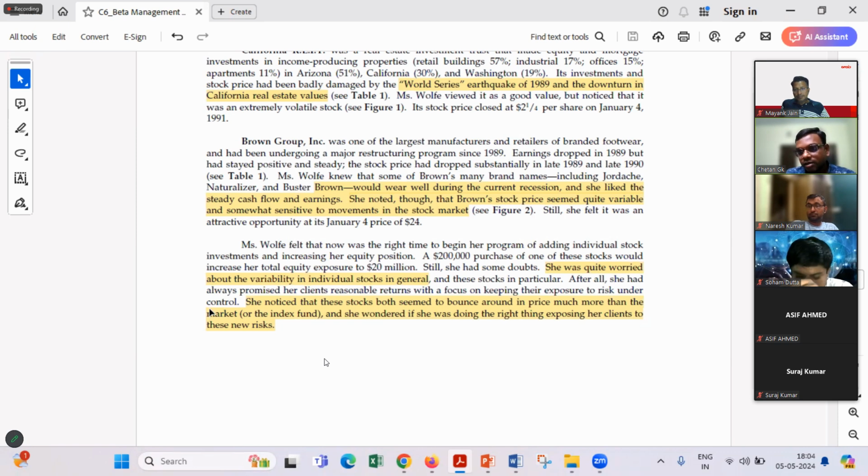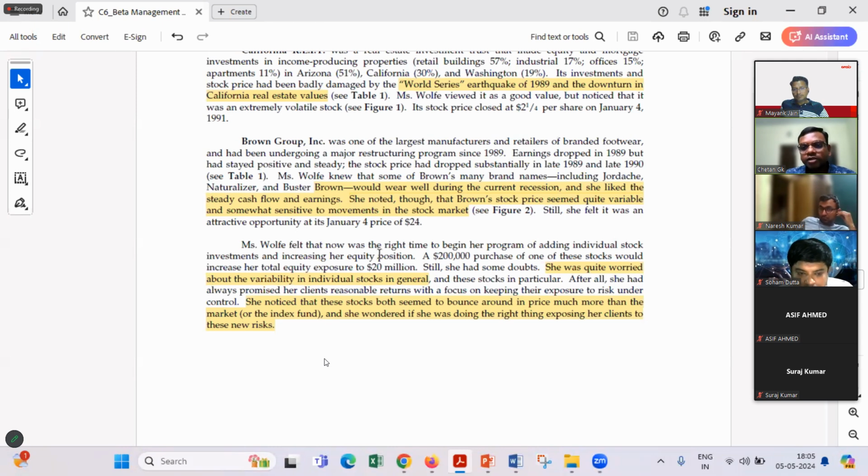S&P 500, which means these companies' variability is much higher than the variability of the index. That is the cause of worry for her, because she is investing in high risk instruments. What if they're not going to give the returns as per the risk they're actually taking?